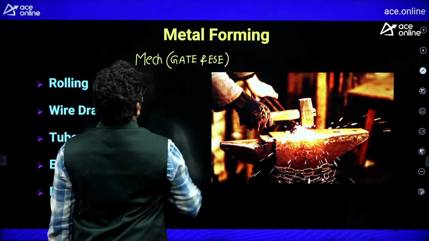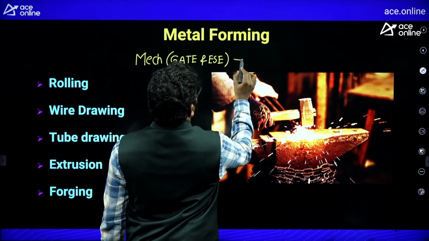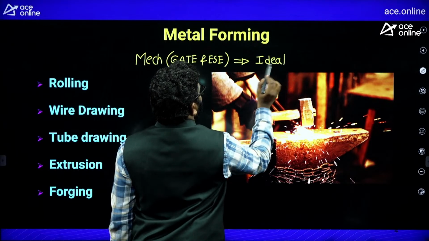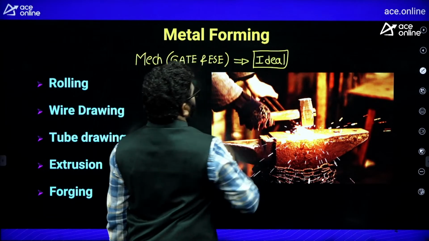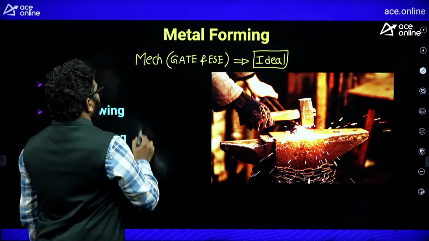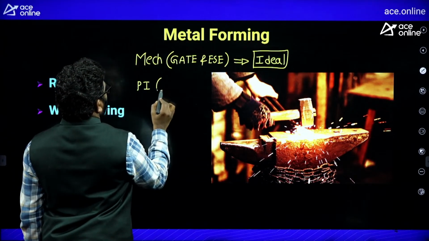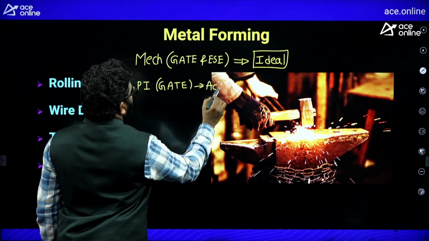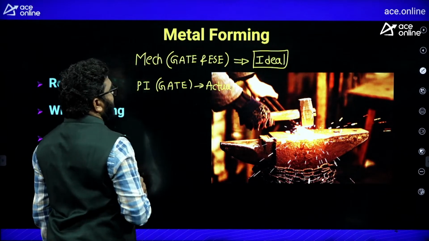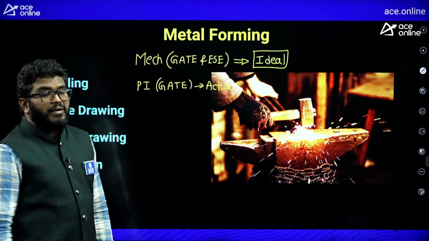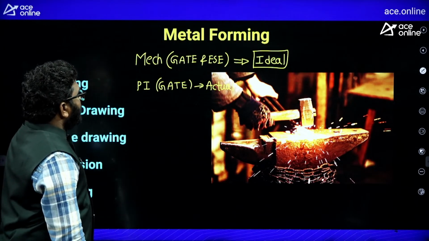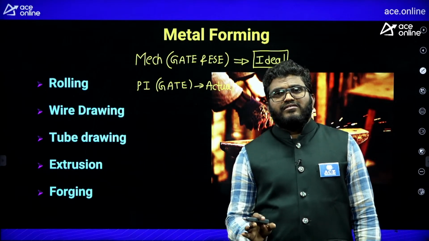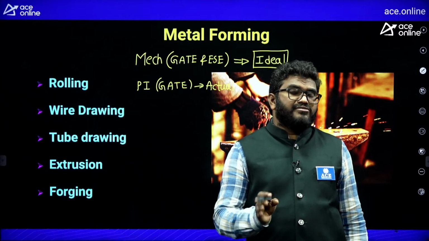For mechanical GATE and ESE, the questions are mostly from ideal metal forming operations, so you should remember those formulas. But for PI, sometimes actual cases are asked, so we should remember the slab analysis formulas. Ultimately, for mechanical the questions are somewhat easy, but production questions are somewhat difficult.